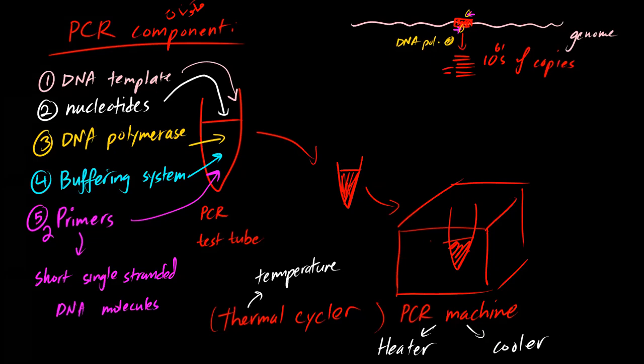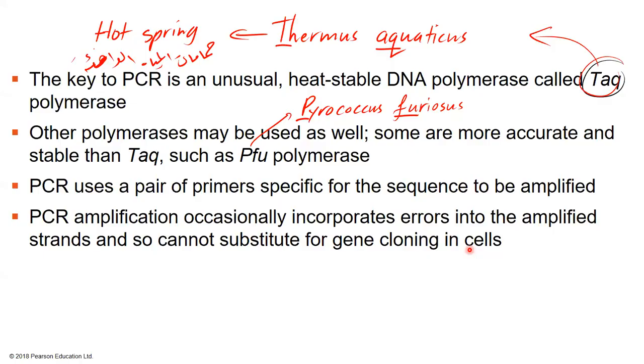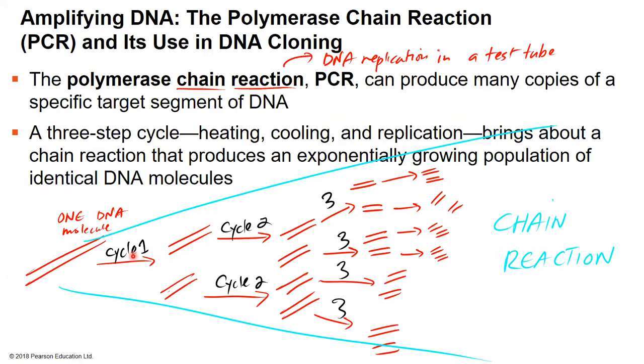So this machine will heat the sample, and also it can cool the sample to allow the synthesis of millions of copies of the same target sequence. Okay? I told you, that's why it's called a cycler, because we have cycles. Within these cycles, we have steps of heating and cooling.